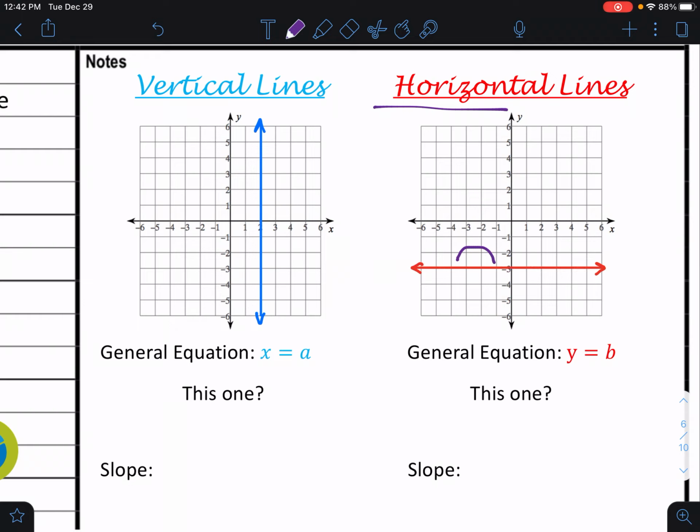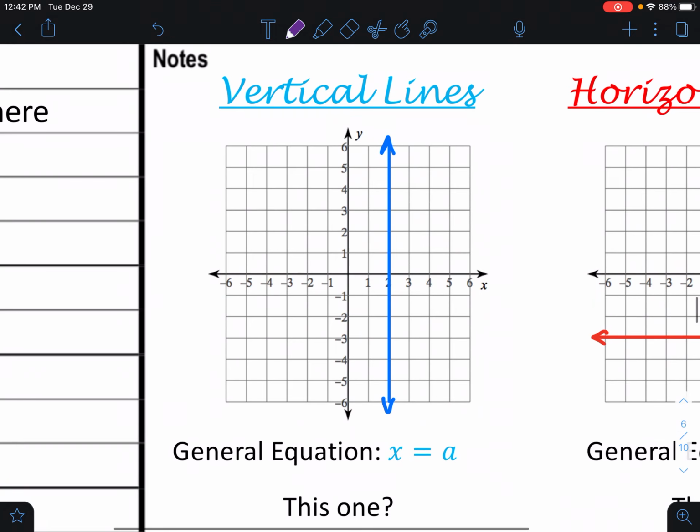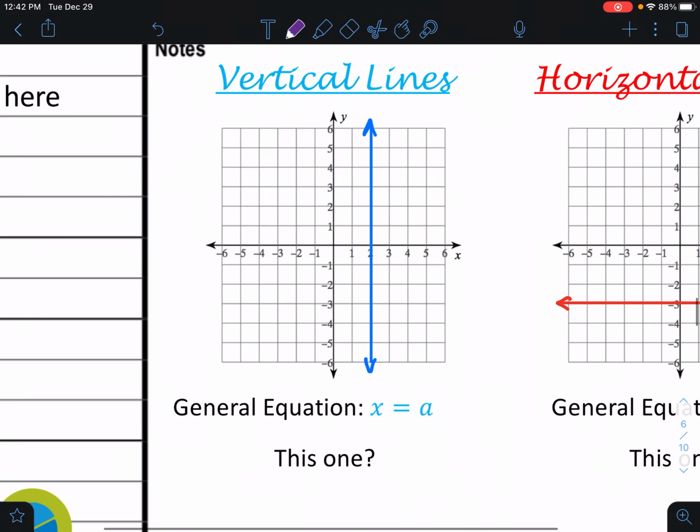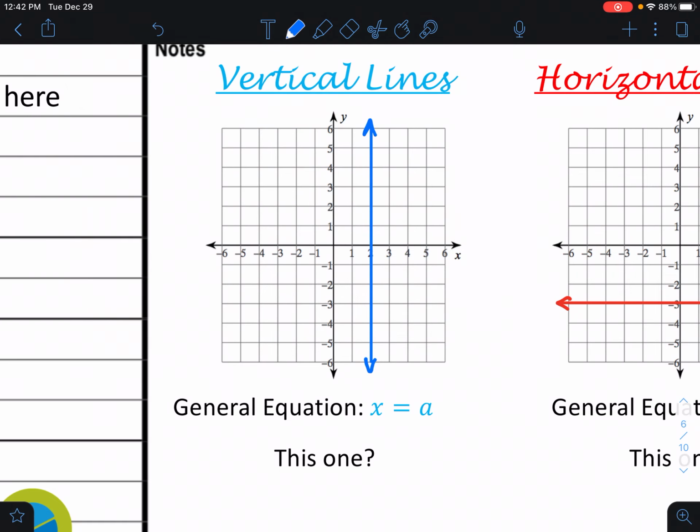Now vertical lines, let's go back to this one on the left here. How do we write the equation for a vertical line? The equation is x equals a. That's the general equation, as you can see here. And this a is our x-intercept.